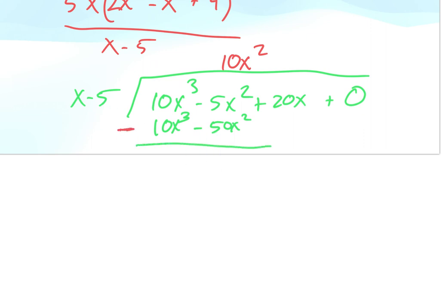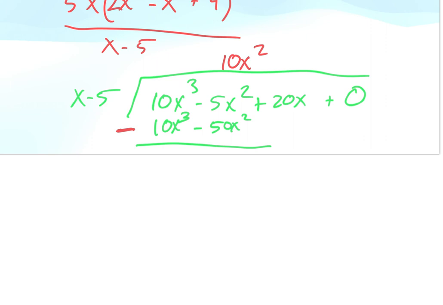And I subtract. 10x cubed minus 10x cubed is 0. If it's not 0, you did something wrong, because in division, you have to do something that gets rid of that first term. So when I multiplied there, you'll also notice that the 10x squared is above the squared column. I don't put it above this one. Put it above the squareds.